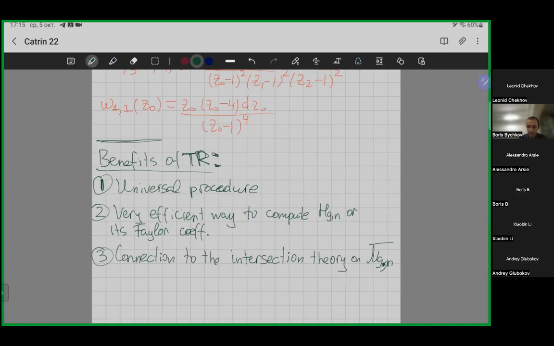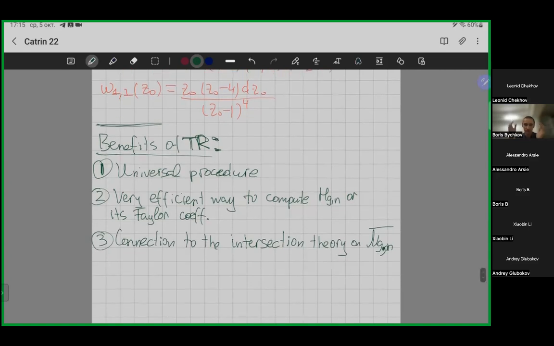If you have a topological recursion for some problem, then for these Taylor coefficients H_{g,n}, there is a procedure which allows you to obtain a concrete way to construct the classes which you have to integrate to obtain this Taylor coefficient.